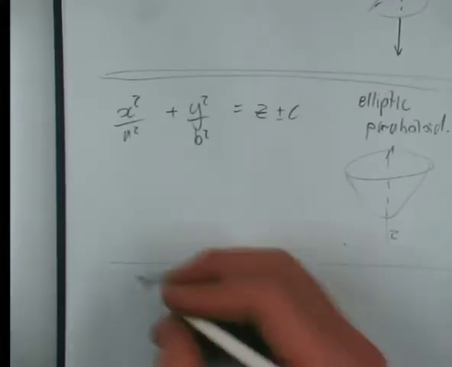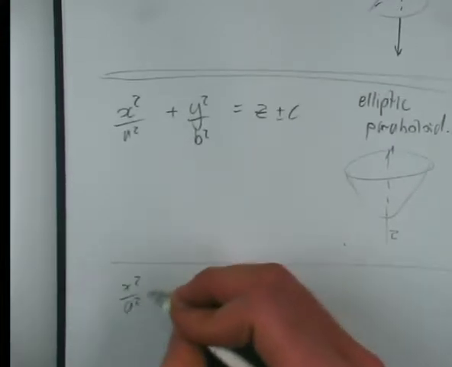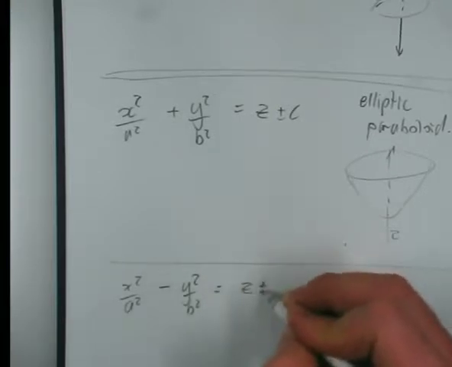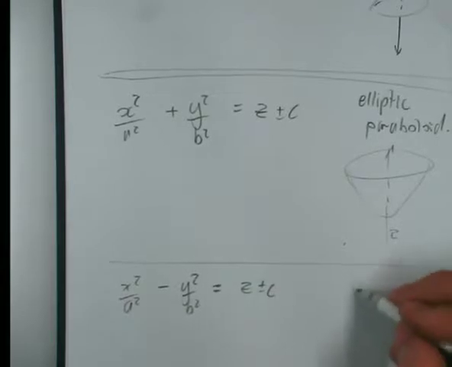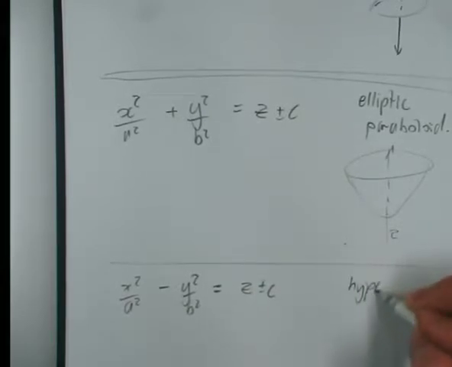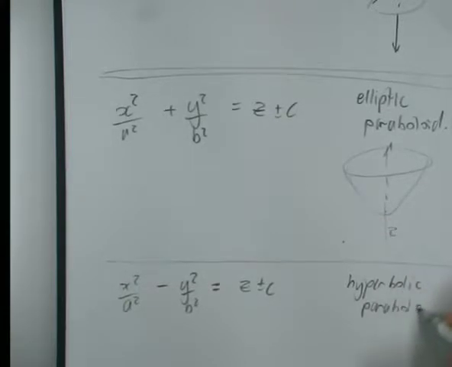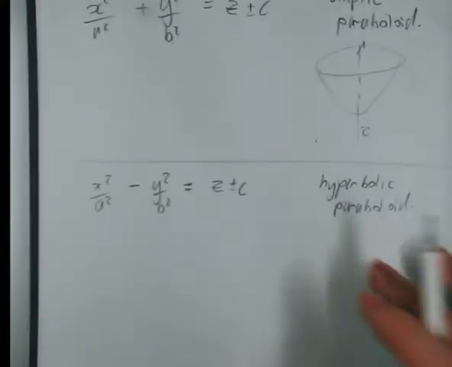And then there's also the hyperbolic paraboloid. Which looks like a Pringle.